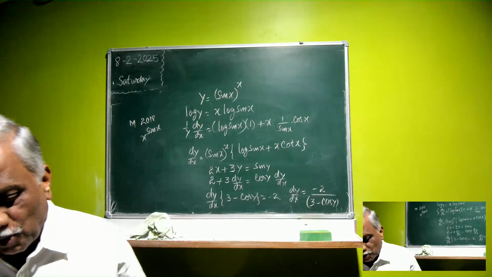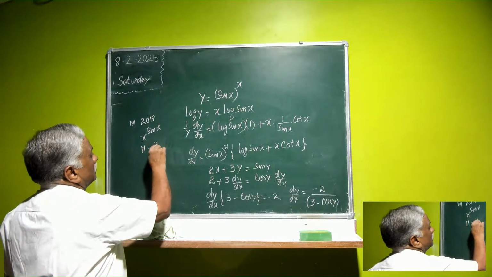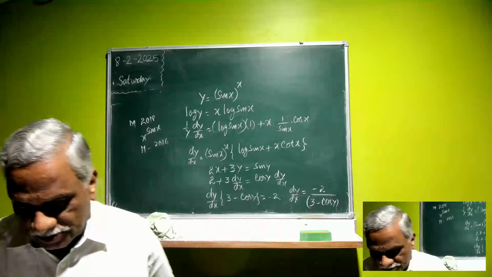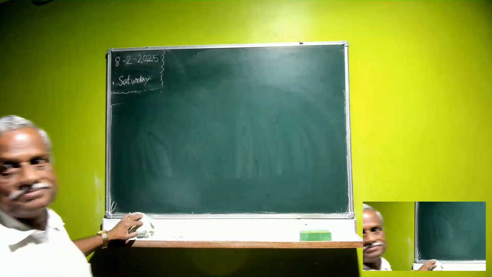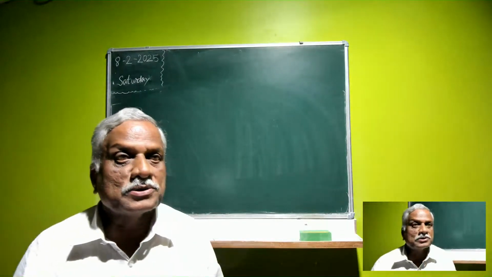We have already worked this problem in the 2016 paper. So they have repeated the problem. So let us not waste our time. Let's move on to the second problem in 2017. So many problems they repeat as it is. So if you work all the question papers, at least about 30 to 40% questions are repeated.